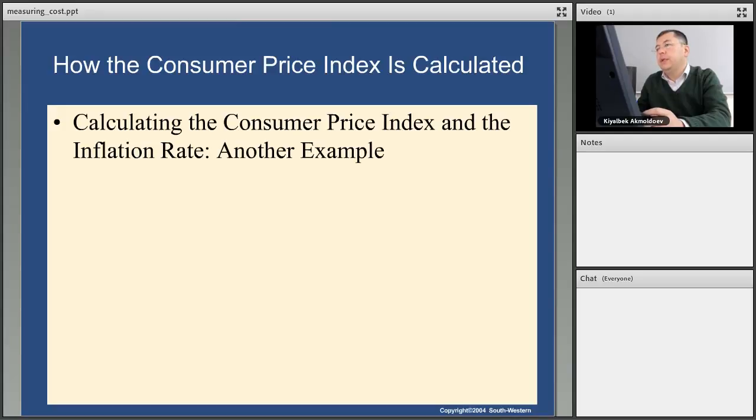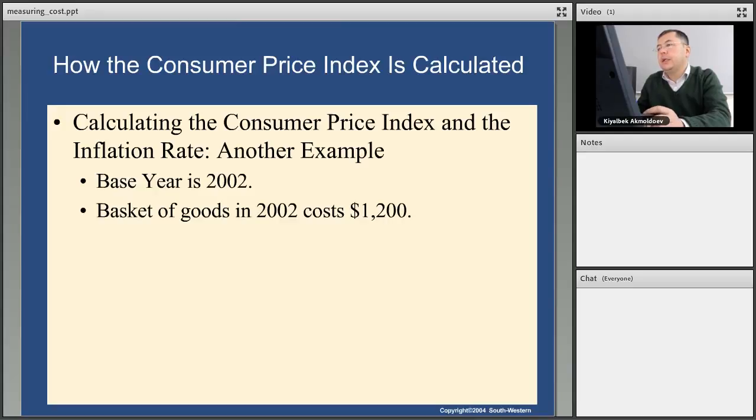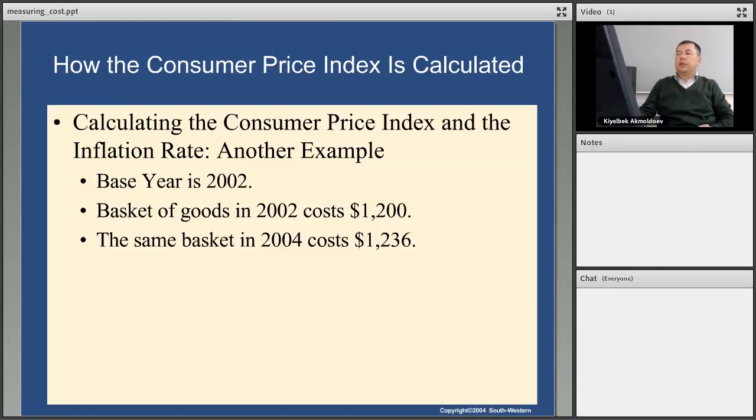Now, how is the consumer price index calculated? Calculating the consumer price index and the inflation rate, another example. The base year is 2002. The cost of the basket of goods in 2002 is 1,200.